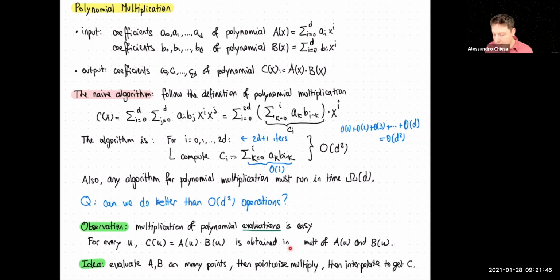And how many multiplications do I need if I am given a(u) and b(u) to obtain c(u)? 1, right? At a particular point, if I'm given the evaluation of a and the evaluation of b, deriving the evaluation of the product polynomial is just 1.